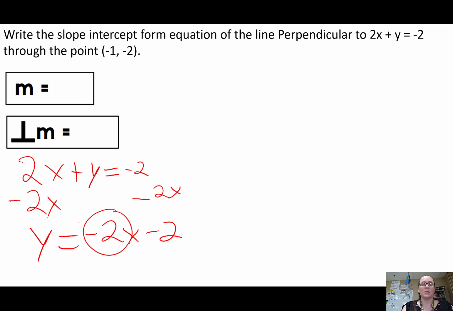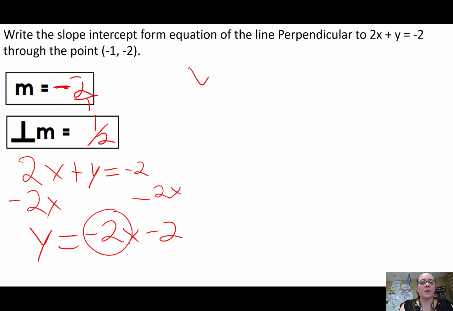Only thing I'm interested in is the negative 2 there. So the original slope is negative 2. So my inverse, or my opposite reciprocal, sorry, is going to be a positive 1/2. Okay, remember that's always over 1. Flip it and change the sign.